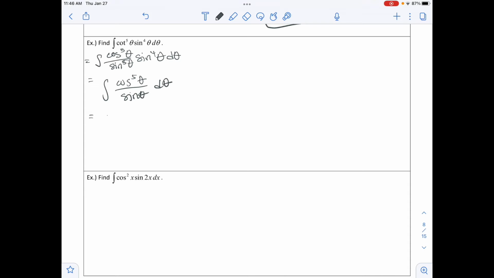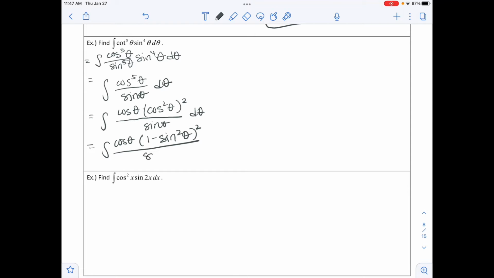So I'm going to go ahead and rewrite this as cosine theta times cosine to the fourth theta, which is the same thing as cosine squared theta squared d theta. And then using that Pythagorean identity, I'm going to have the integral of cosine theta times 1 minus sine squared theta squared all over sine of theta d theta.